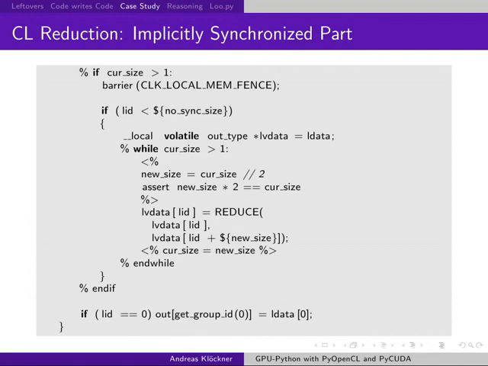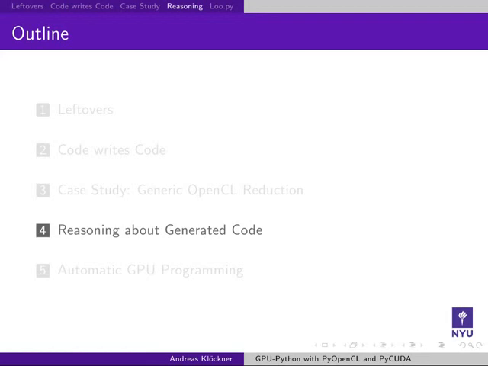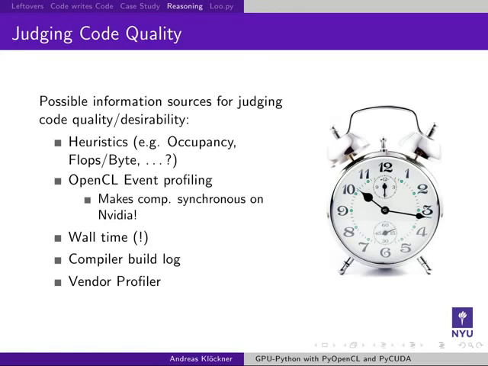Okay, so now you're sitting on this pile of different codes, and you want to somehow evaluate which one you actually want to use, supposing that you're trying to do automated tuning. What do you have at your disposal? Well, we've already seen an example of how to do profiling on a generic OpenCL implementation.